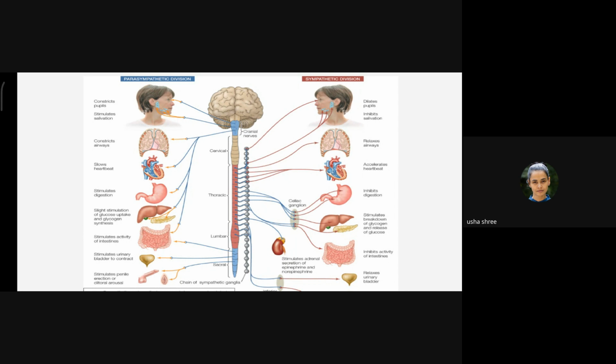Yes, that can be. What I wrote in this slide is right, but I was just confused about the physiology of the function. Breathing rate increases, right, ma'am, in sympathetic activation? Yes, it is relaxing the airways for more air to get in and get out.